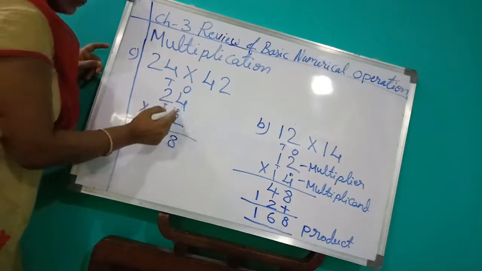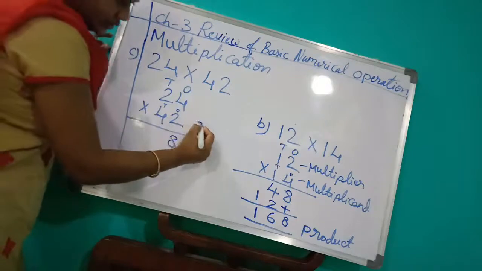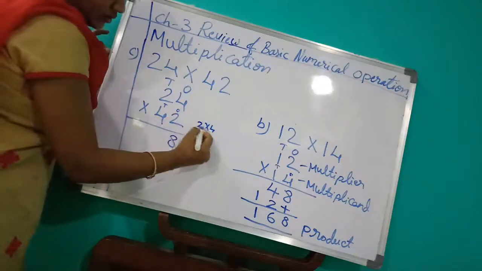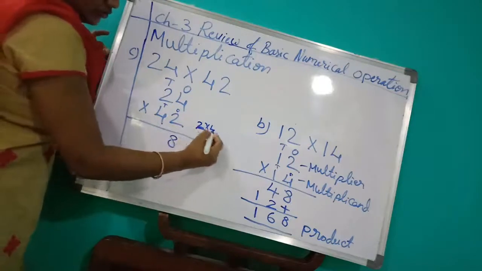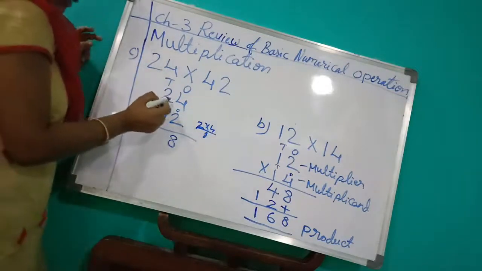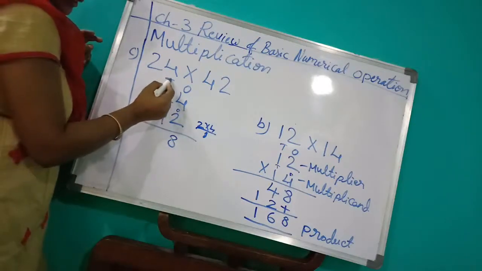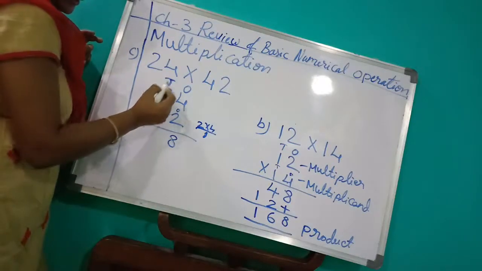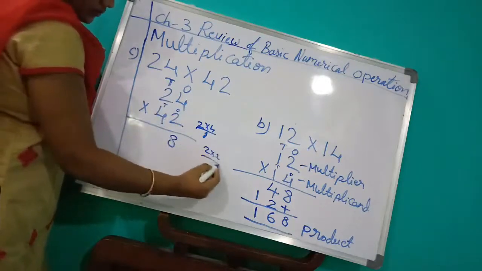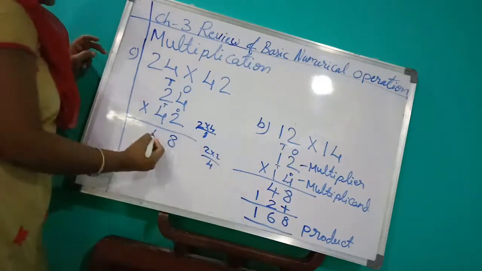This one is completed. What did you do here? 2 into 4, 2 4s are 8. That 8 you wrote here. Next, again you should do the cross here. In the tens place, which number is here? 2. 2 into 2 is 4, 2 2s are 4.